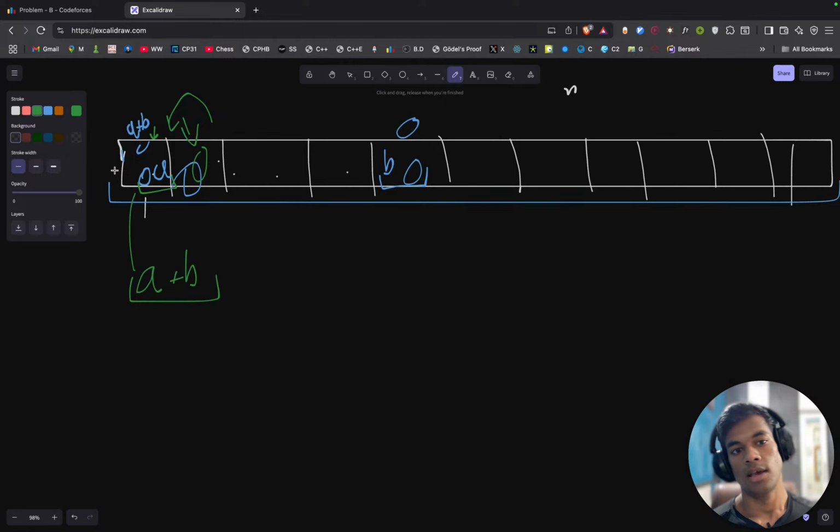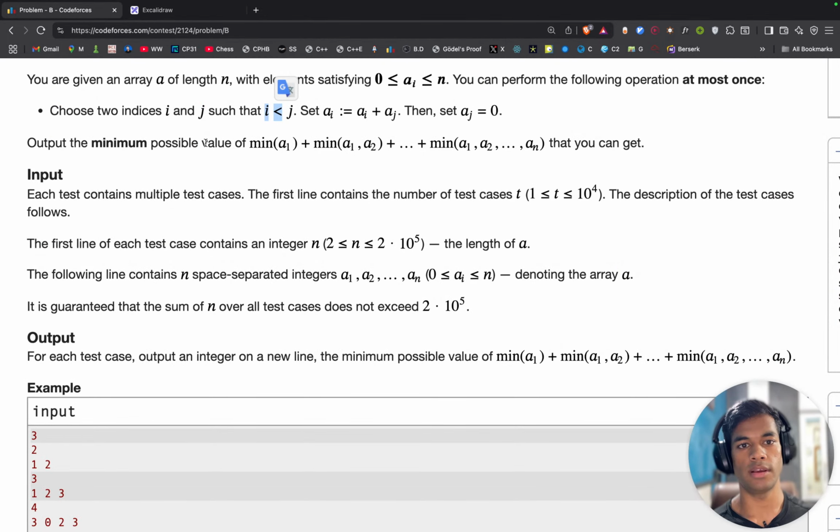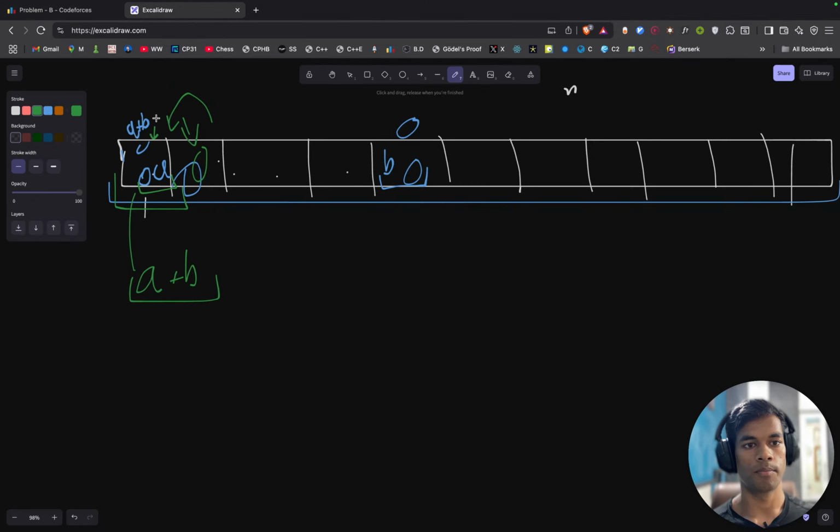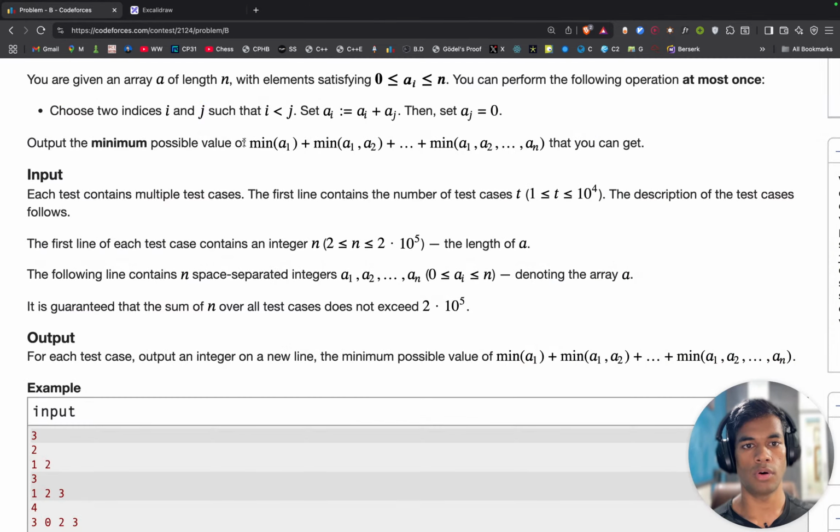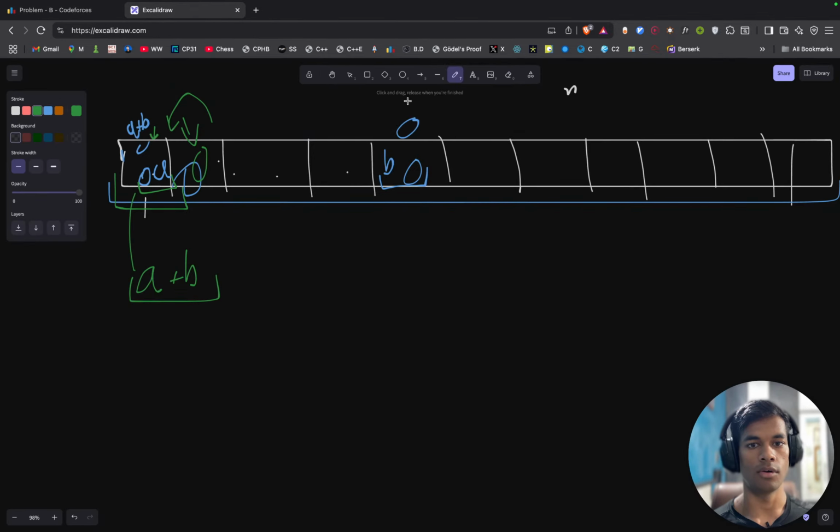So if this is the case, then when I'm calculating this expression, the value of this thing, minimum of a1, becomes equal to a1 plus a2. And from then on, when a2 is included, a2 will be the minimum because a2 is 0. So in every other expression, the minimum would be 0 and I won't be adding anything.